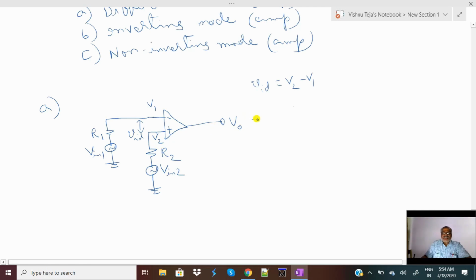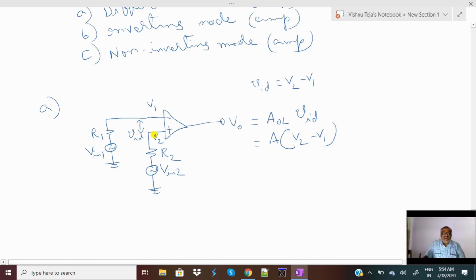We know V0 is equal to AOL, the open loop voltage gain, times VID. Here this can be written simply as A, the open loop voltage gain, times (V2 minus V1).